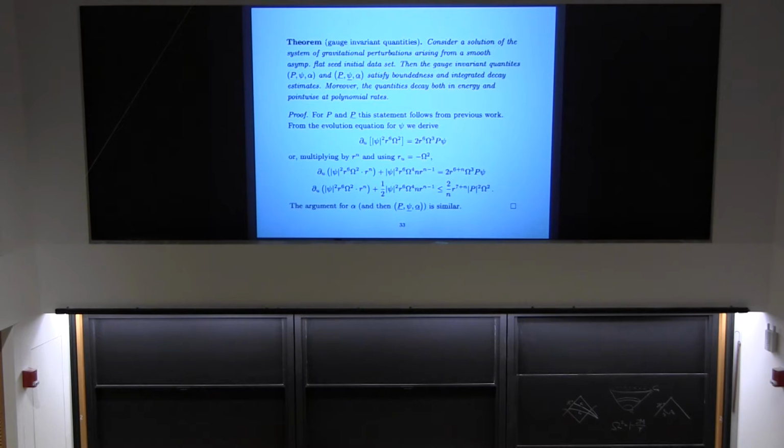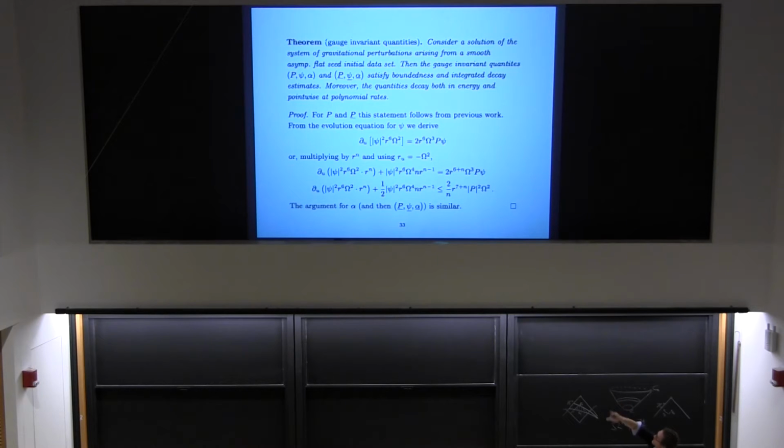And now you see you're just going to integrate this equation in a region like this, say. The integration in u will give you an initial data term and a future term, so you control the future term and the second term.